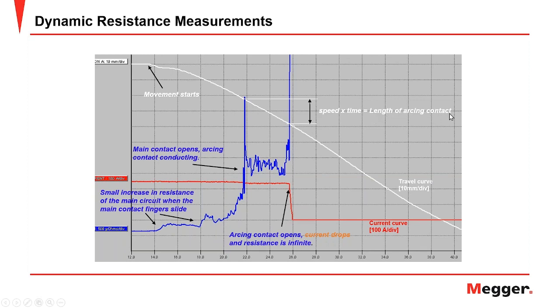So we will know exactly how many millimeters of the arching contact are still in place. So we can take a decision regarding what is the level of wear of that specific contact by comparing it with manufacturer's specifications or with previous measurements or with similar type of circuit breakers.